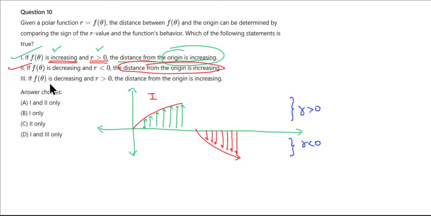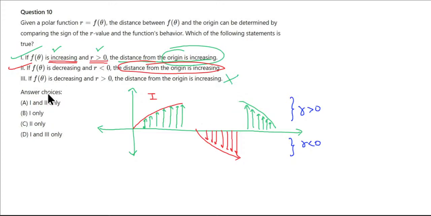And if we talk about this one where f theta is decreasing and r is positive here, and if I want to decrease f theta, it should look sort of like this. In this case, is the height from the x-axis increasing or decreasing? Well, I'm pretty sure it's decreasing. And they are saying that the distance from the origin is increasing. No, absolutely not.